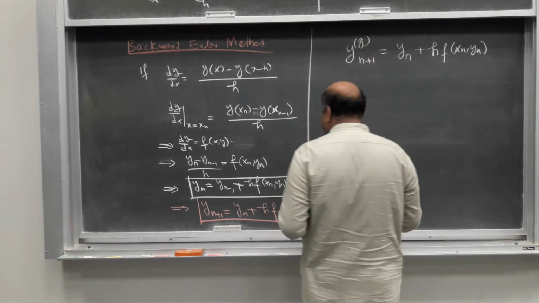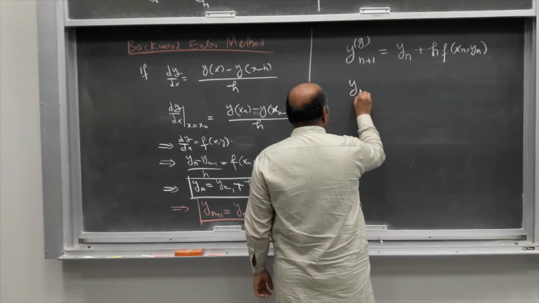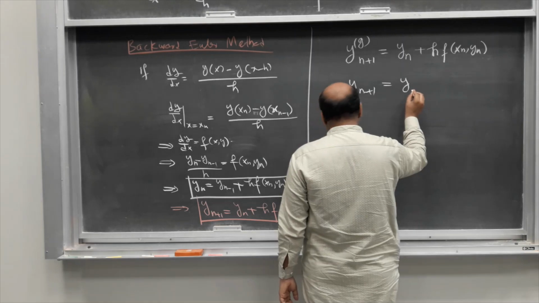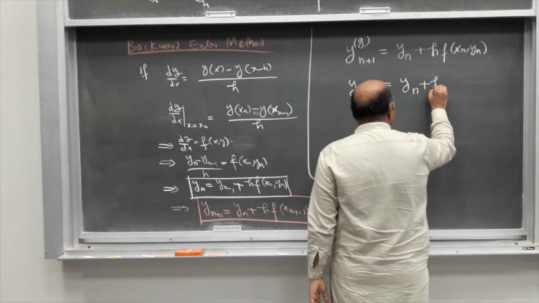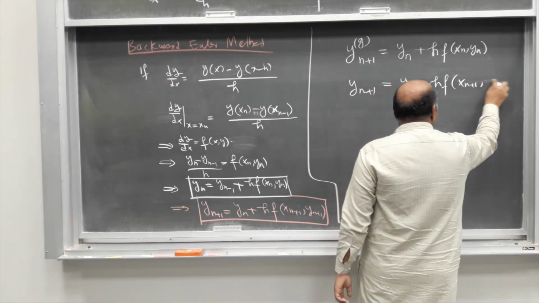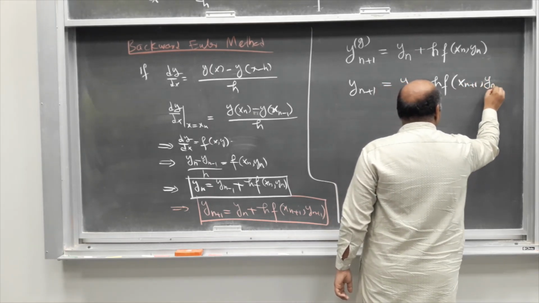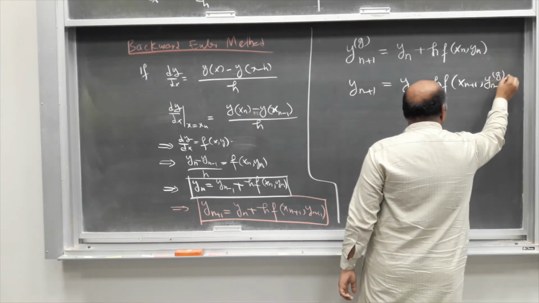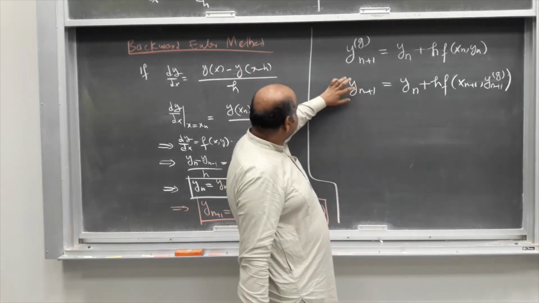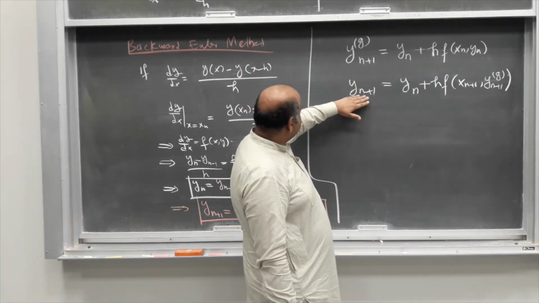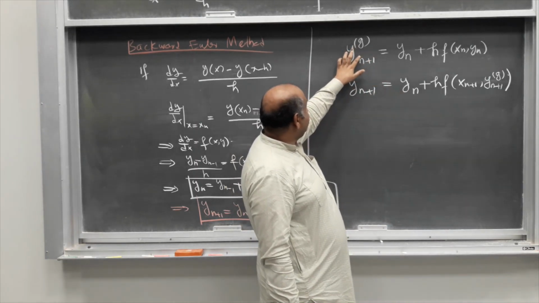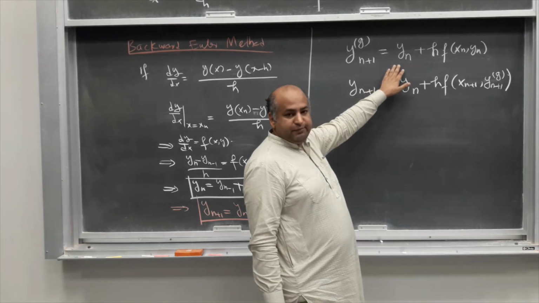Once we found this guess value, we can come back to our backward Euler method and put it here, xn plus 1, and now instead of yn plus 1, let me just use yn plus 1 guess value. So with this way, we can compute the next value of y using the guess value of y at that point, which was computed from the Euler method.